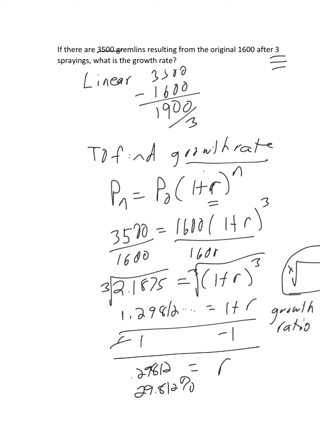Okay, so you can see that because there was more than one time period for this growth to take place, you can't just use the linear formula that we showed you on the previous slide. So in this particular example, the growth rate was 29.812%.